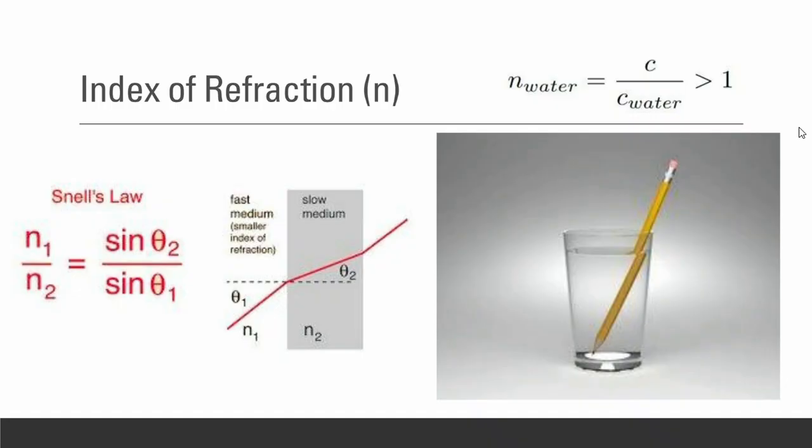The index of refraction of the water is different than the index of refraction of the air, so you get the light traveling differently through the air and the water, giving this kind of broken appearance. The relationship between the index of refraction and the angle that the light is bent is given by Snell's law.